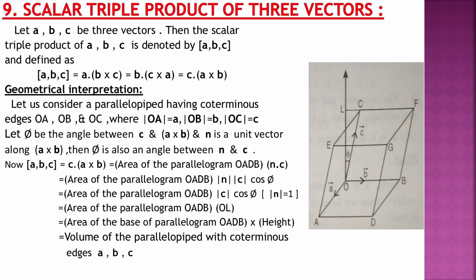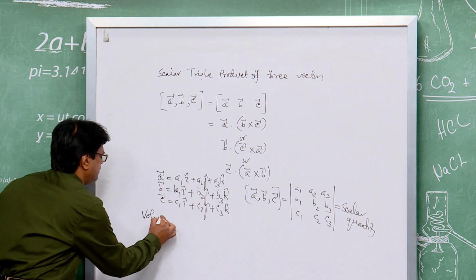Because n is a unit normal vector, its magnitude is equal to 1. So, area of the base of the parallelogram OADB into height, that is nothing but the volume of the parallelepiped.